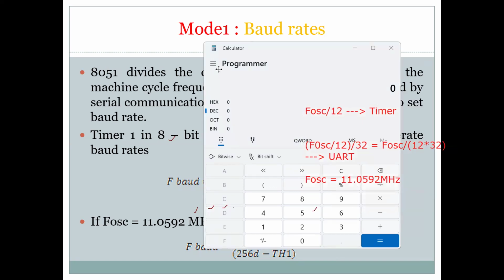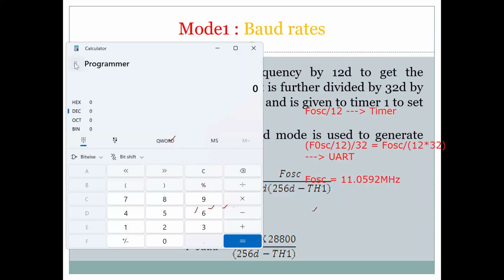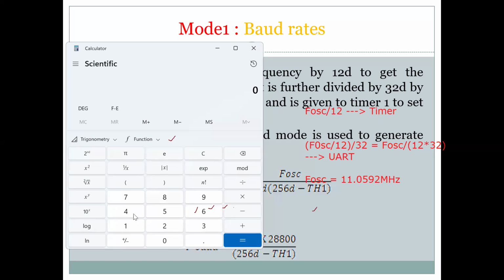So let us take your calculator with the value 11.0592 megahertz, divided by 12 and divided by 32. This is in megahertz, 10 power 6.